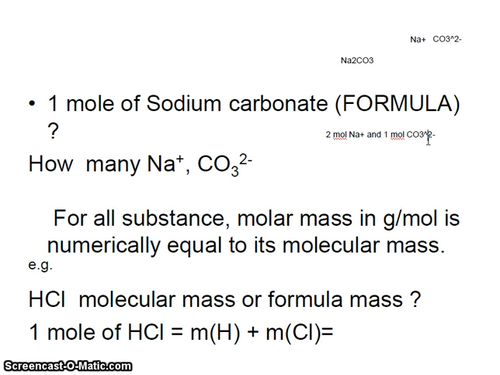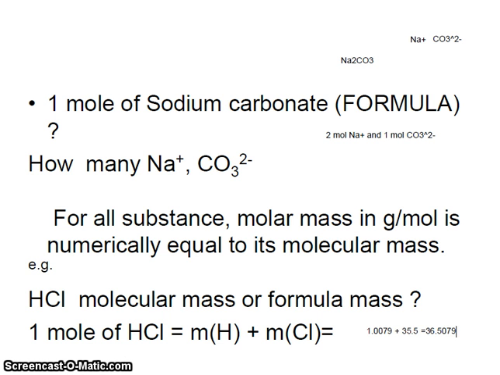So if you were to determine that for, let's say, something like HCl, all you have to do is get the mass of hydrogen, which you can say is 1.0079, plus the mass of chlorine, that will be 35.5, and you simply add the two. So it's going to be 36.5079.